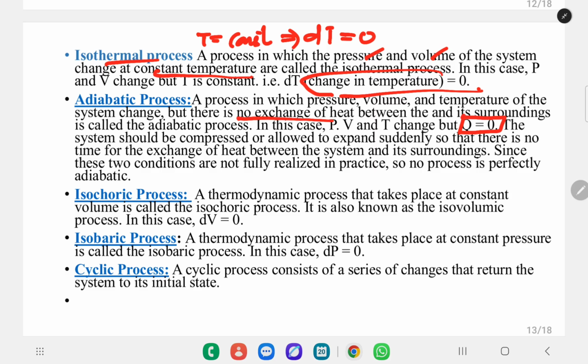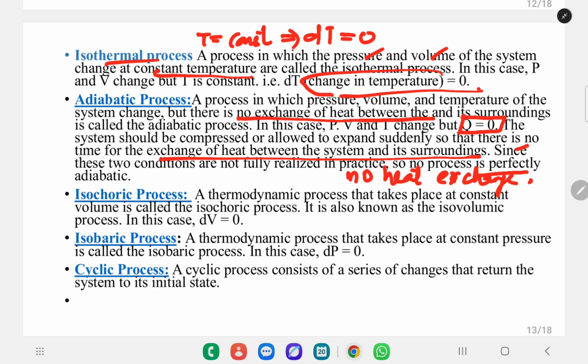There is no exchange of heat between the surroundings and the system. No net heat is flowing, and no heat exchange is happening.